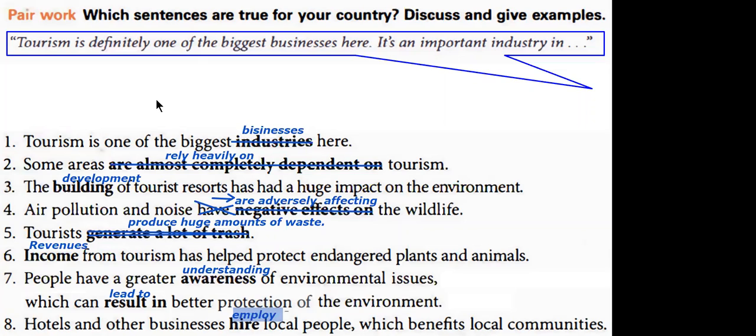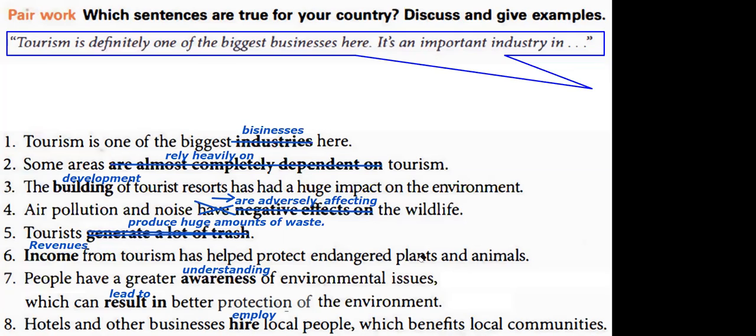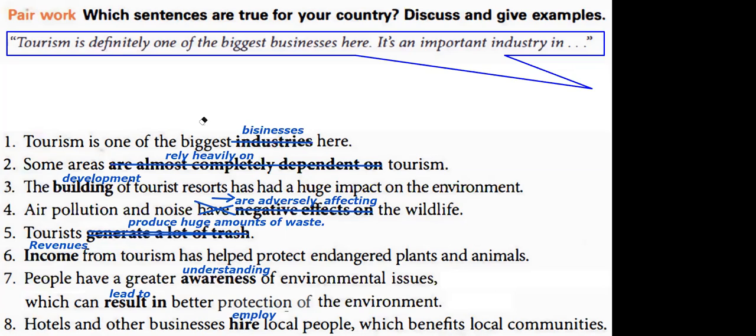People have a greater understanding of environmental uses, which can lead to better protection of the environment. In what way? Very nice. Yes, well, I think our most great problem in agriculture is we don't protect our beach.